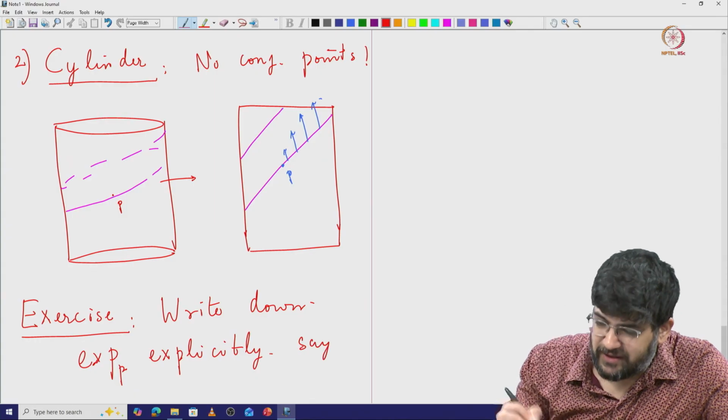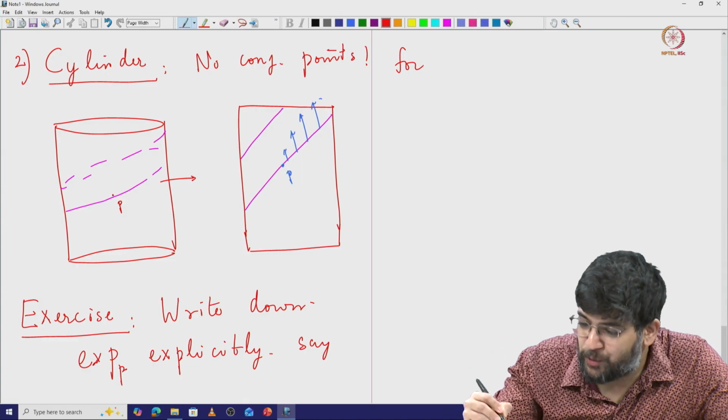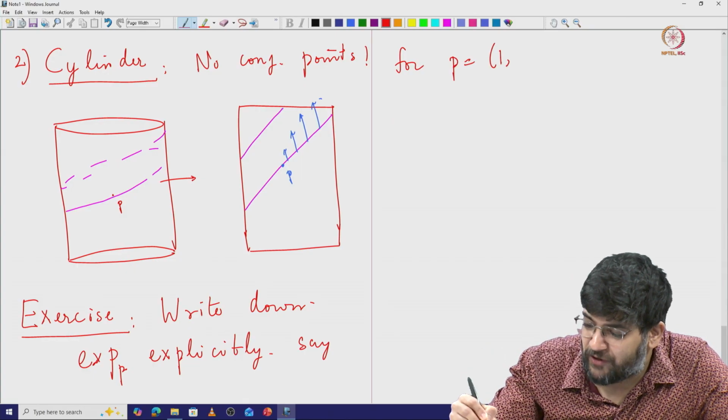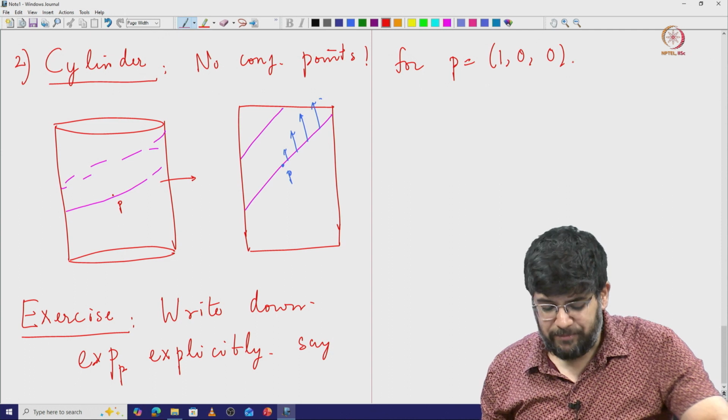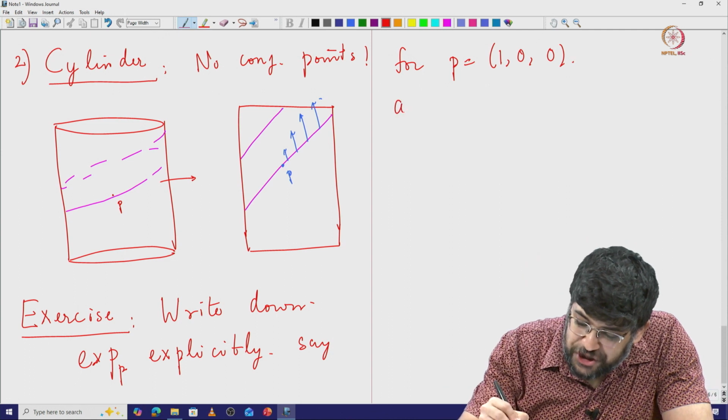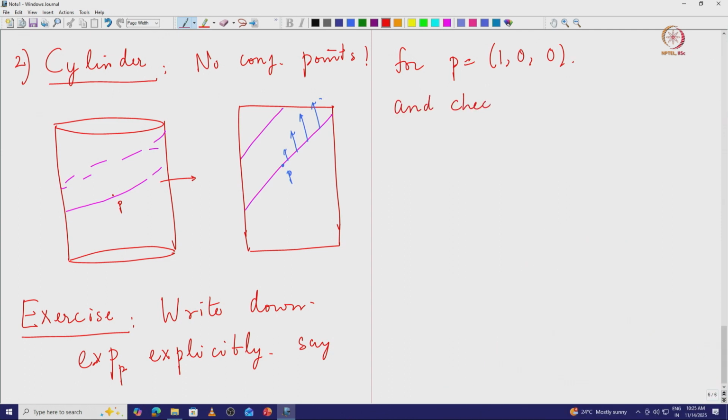Say for P your favorite point, so we can take maybe P to be 1 0 0, okay, and check that it is actually a local diffeomorphism. Okay. So by our proposition that basically shows that there cannot be any conjugate points, okay. So this is a good exercise for you to try out.